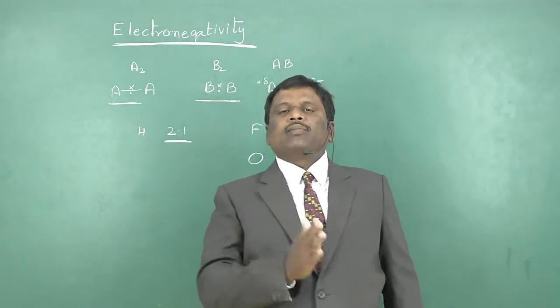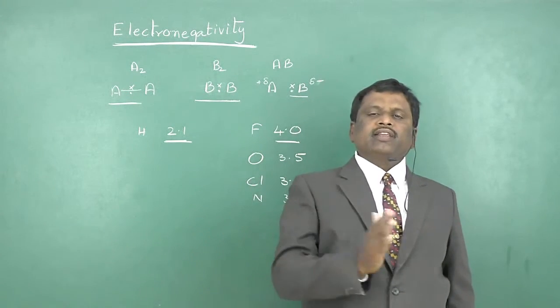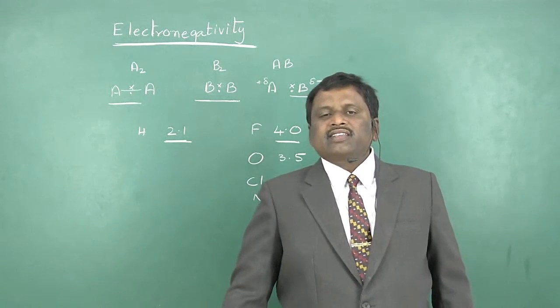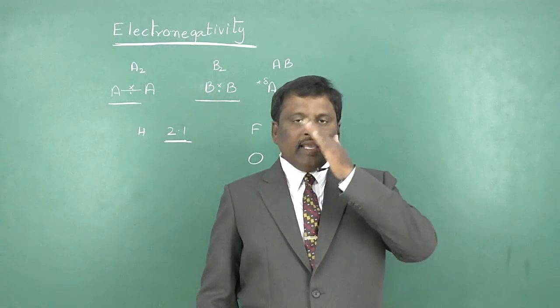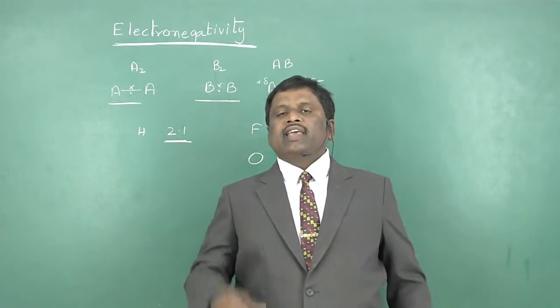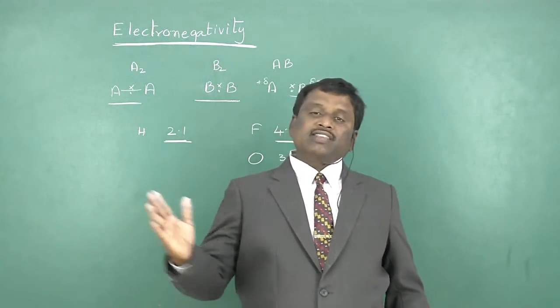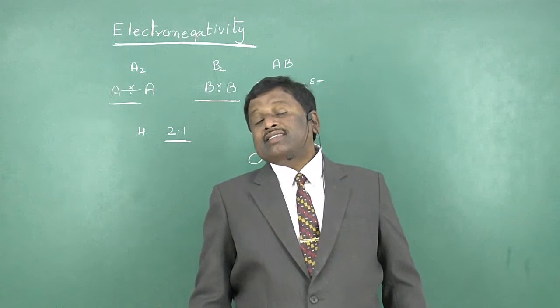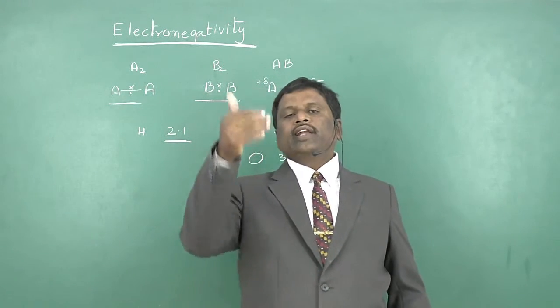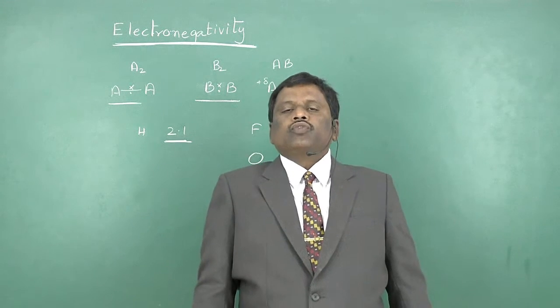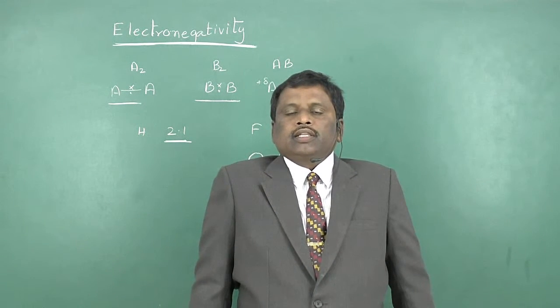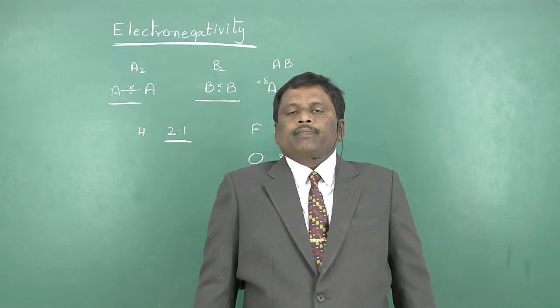So in a period from left to right, as atomic number increases, atomic size decreases, and that is why electronegativity values increase. In a group from top to bottom, as atomic number increases, atomic size gradually increases. That is why electronegativity values decrease as we move from top to bottom in a group.